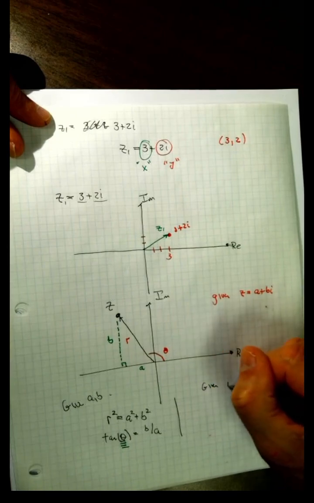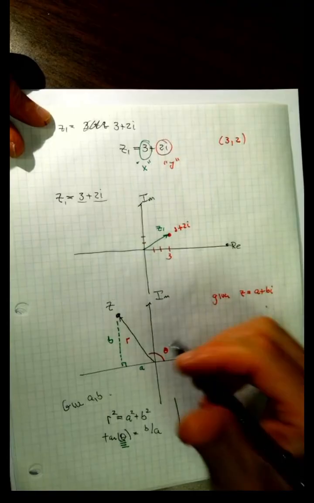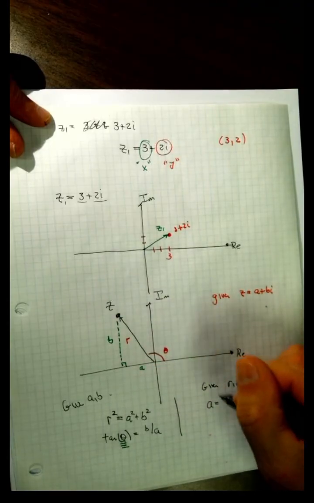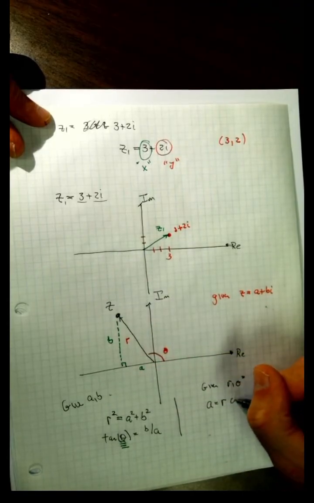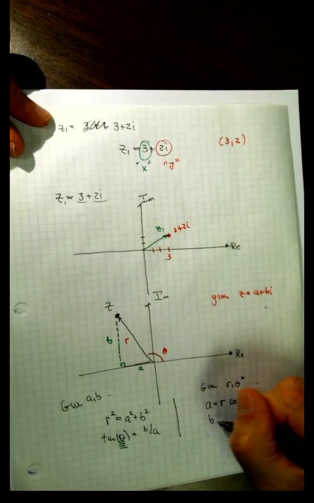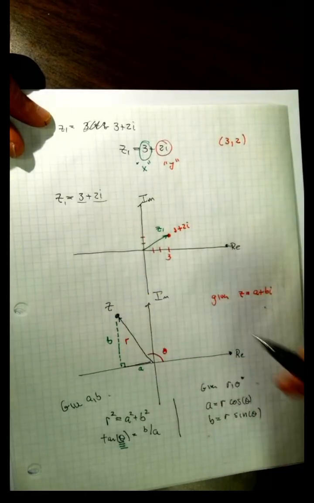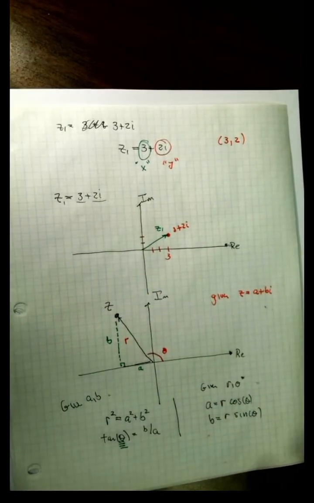Likewise, if you're given r and theta, then a is just going to be r cosine theta, because it's this part of the triangle, and b is r sine theta, because it's the vertical part of that triangle.